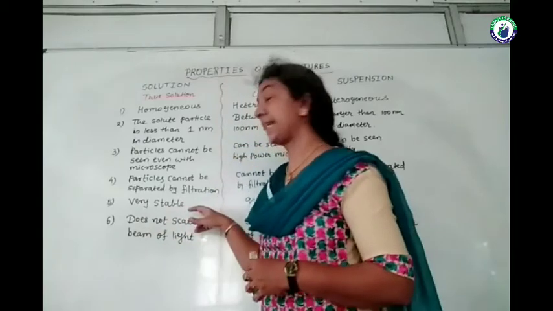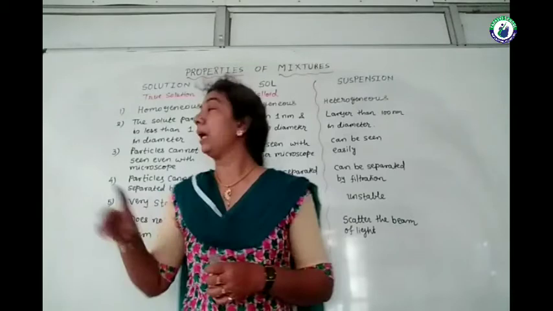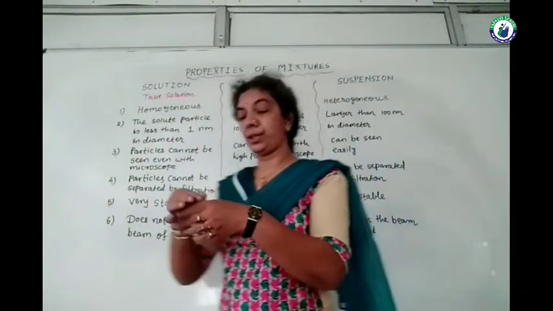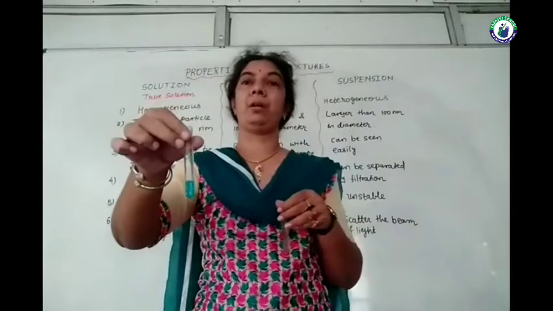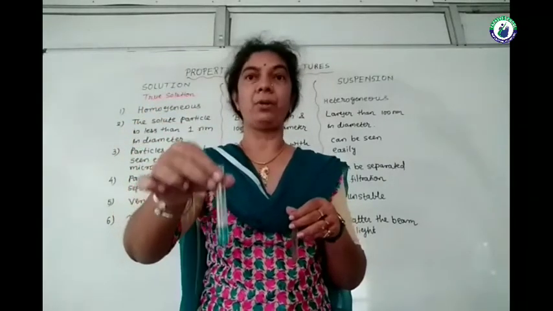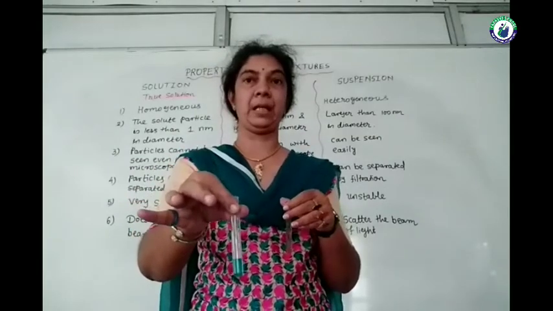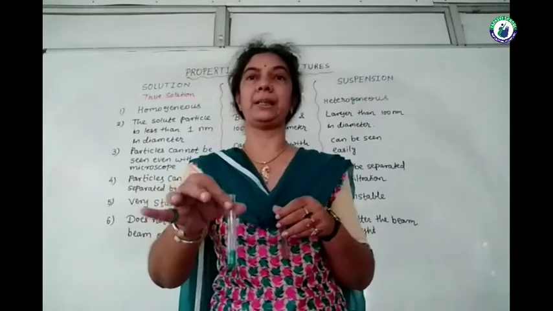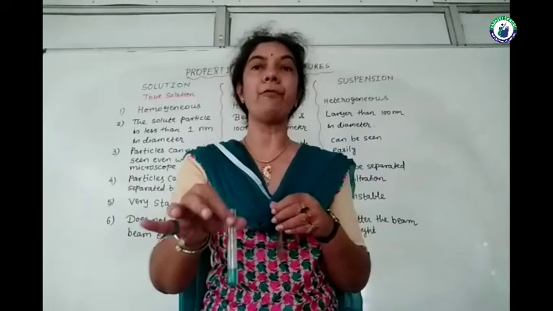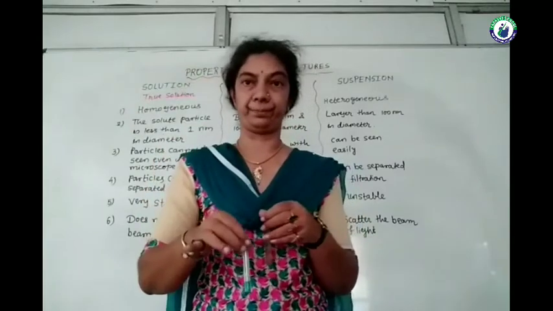Then next, stability of the solution. In true solutions, you can see that particles are not at all settled down anywhere in this solution. In other words, we can say that the solute particles are evenly, uniformly distributed in this solution.